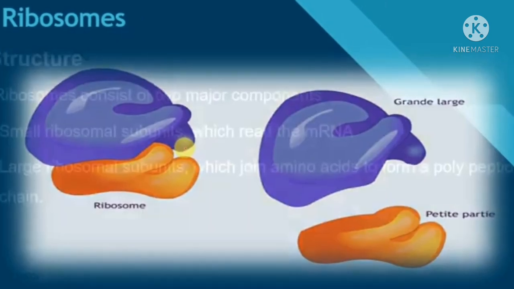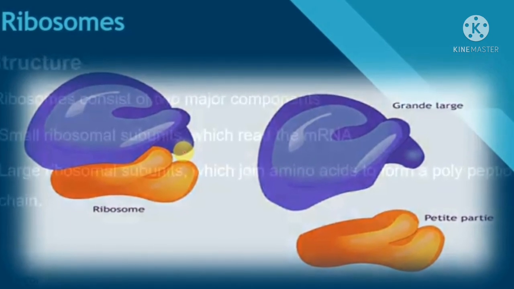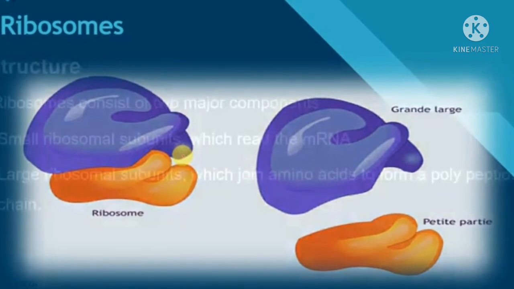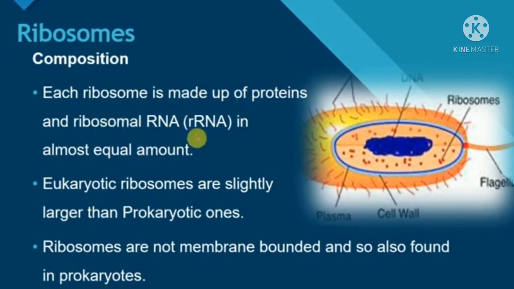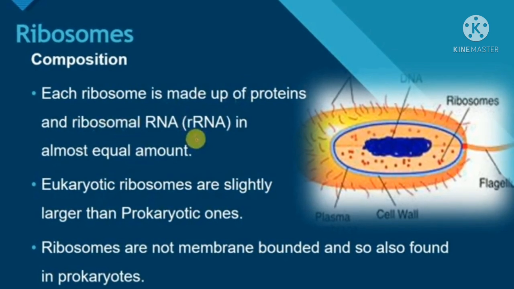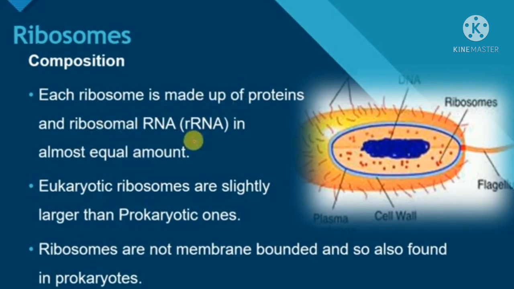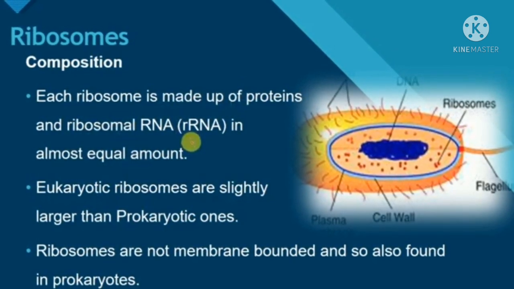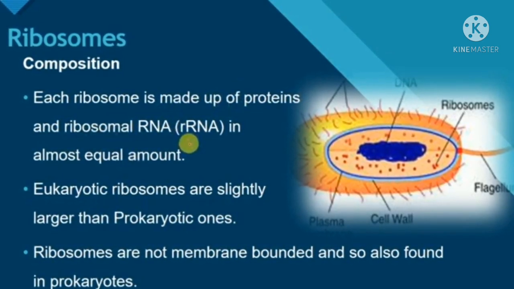Ribosomes have a large and a small part, and both are attached to form a ribosome. The composition of ribosome is proteins and ribosomal RNA in almost equal amounts. Eukaryotic ribosomes are slightly larger than prokaryotic ones. Ribosomes are not membrane bounded and so are also found in prokaryotes.